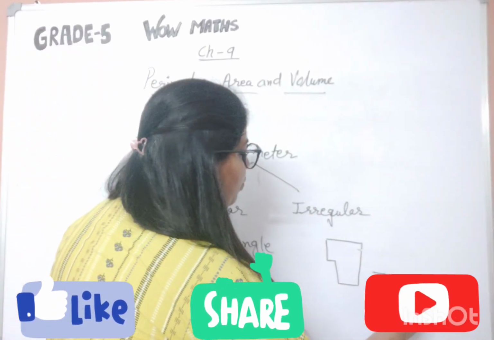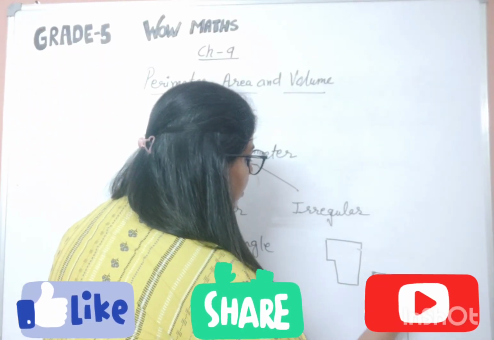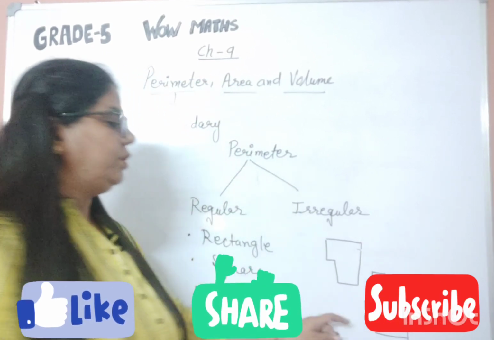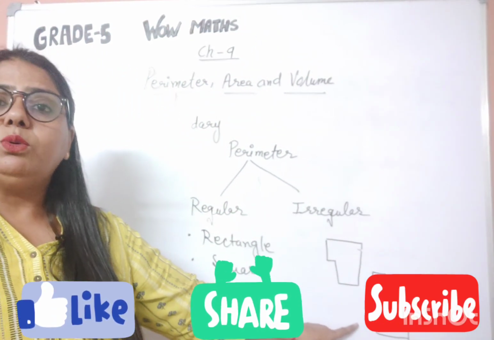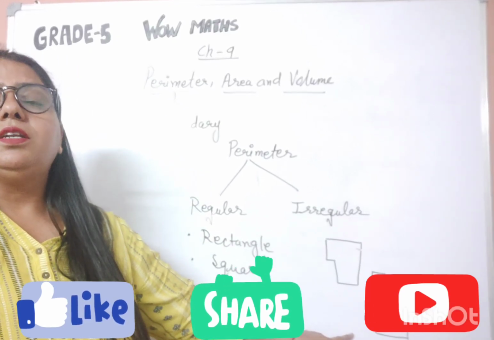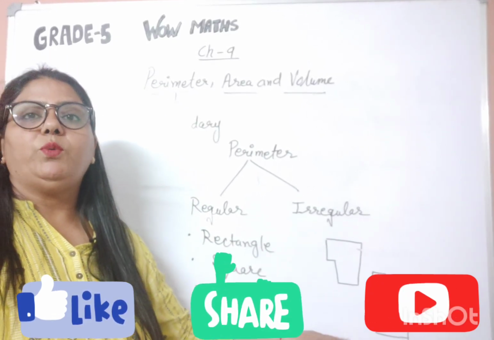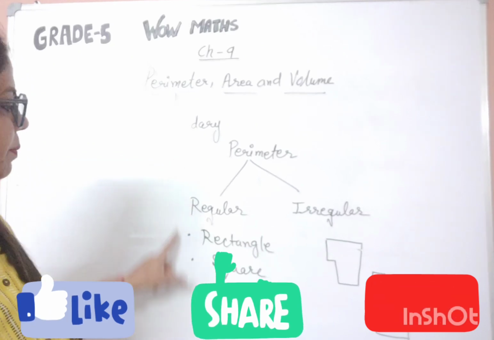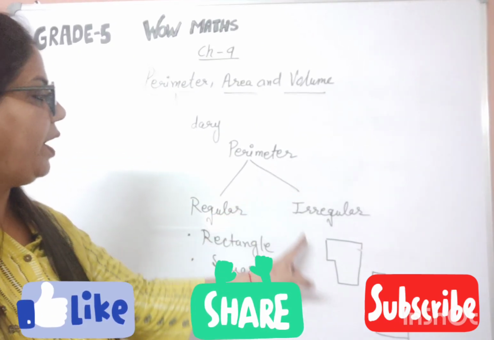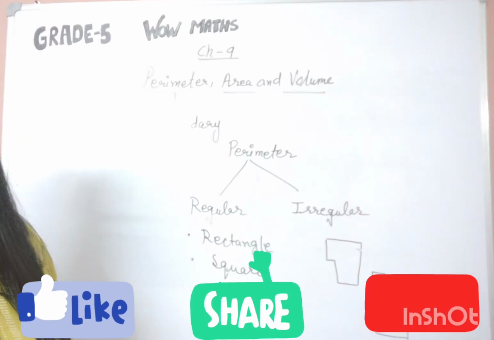If I want to find out the perimeter of this figure, yes, I can find it too, but there are certain different formulas. One by one we will discuss how to find the perimeter of regular shapes and how to find the perimeter of irregular shapes.